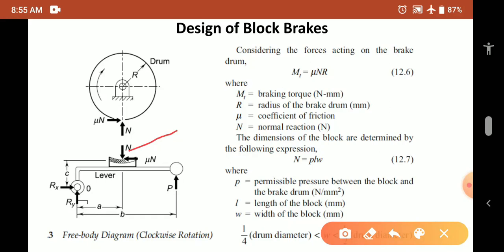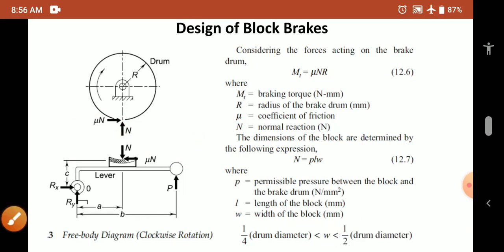When the block and drum come in contact, a frictional resisting force will be there. So the frictional resisting force mu N will be towards the left side on the block, and mu N towards the right side on the drum.